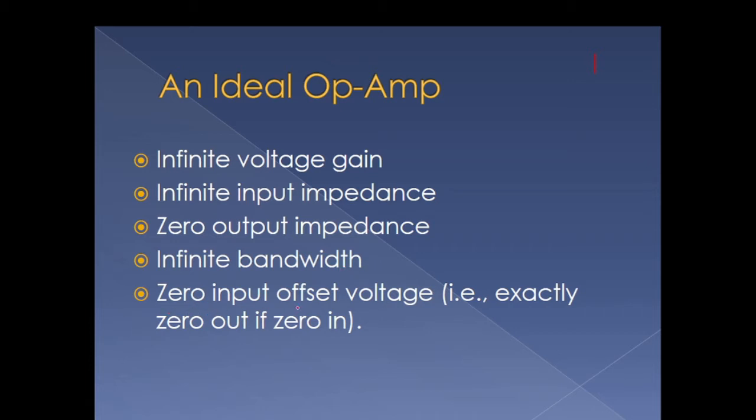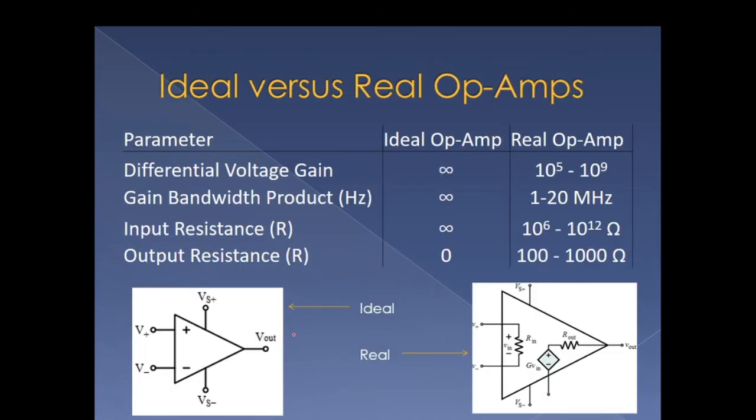Next, zero input offset voltage, that is, exactly zero out if zero in. If you apply zero input voltage to the operational amplifier, you will immediately get zero output voltage. These are the main important properties or characteristics of the ideal op-amp.